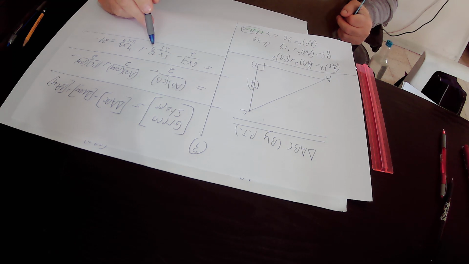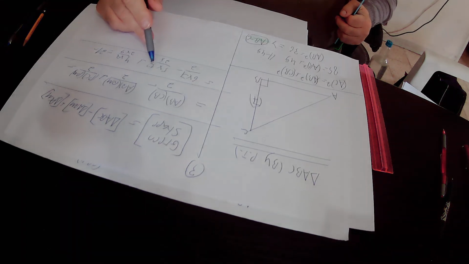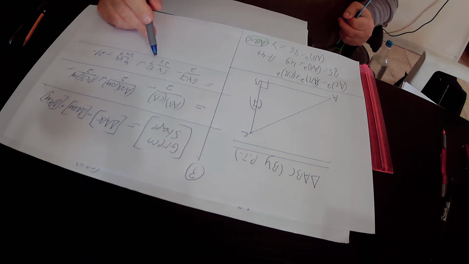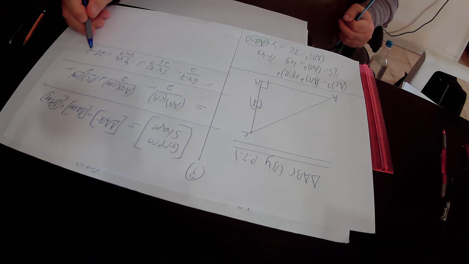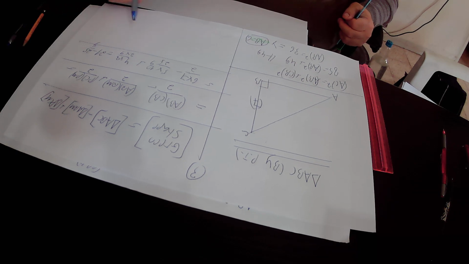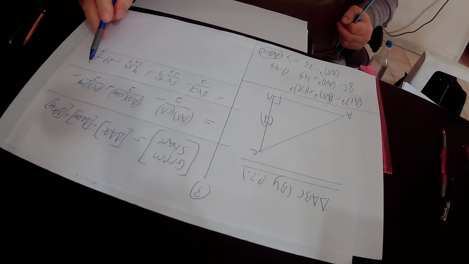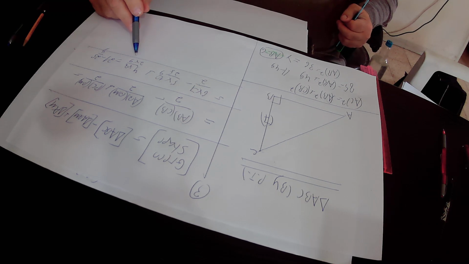So here we have 10 over 2 is 5 and 5 times 5 is 25. So in total this expression equals minus 25 over 9, plus the area of the green small triangle PCM, which is equal to this expression.